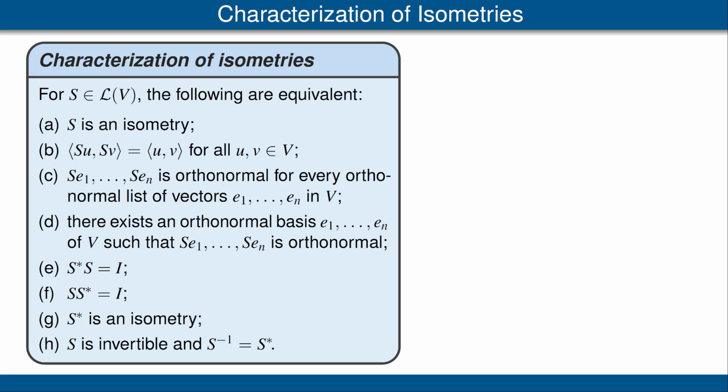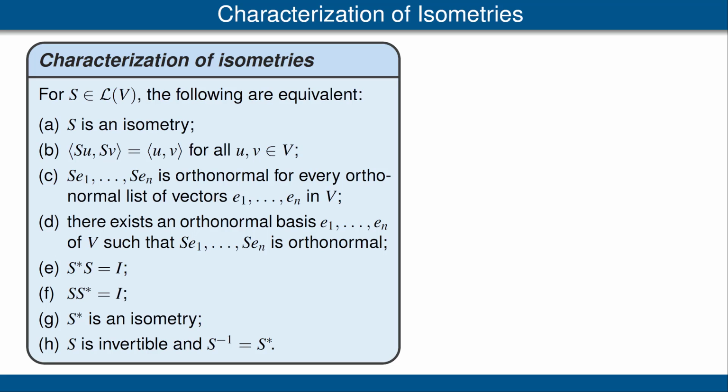Condition C is that if we have any orthonormal list of vectors, E1 through En in V, and apply S to that list, we again get an orthonormal list of vectors. Condition D is there exists at least one orthonormal basis, E1 up to En of V, such that when we apply S to it, we again get an orthonormal list.